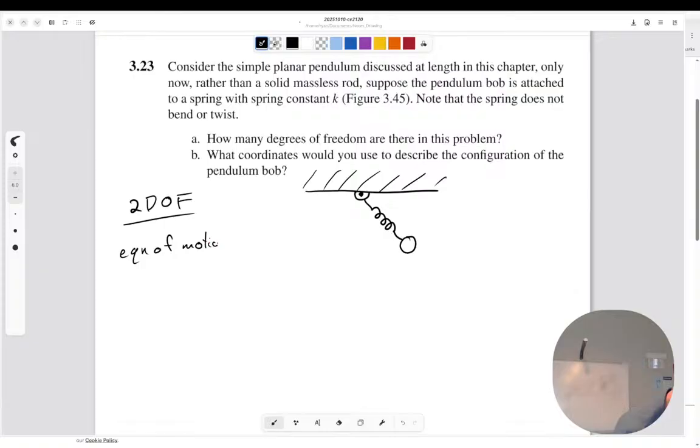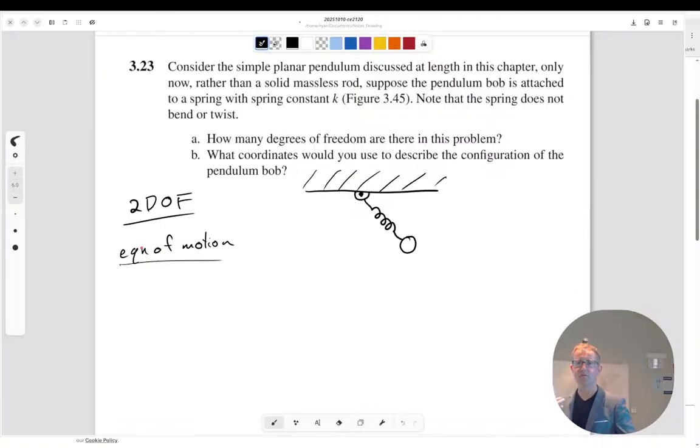This is our first real introduction. What is an equation of motion? Have you heard this term before, or do you remember it? This is the real core of dynamics, equations of motion.